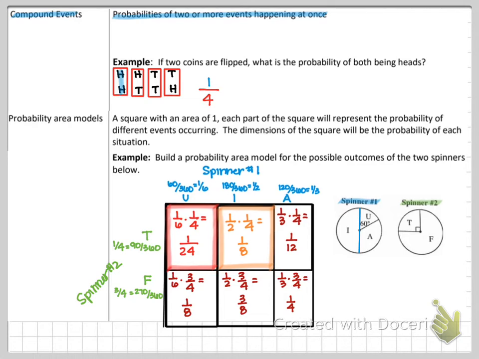Because it represents 100% of everything that could occur. So if you take all of the fractions, and you can check this in your calculator, and this must be true every single time.